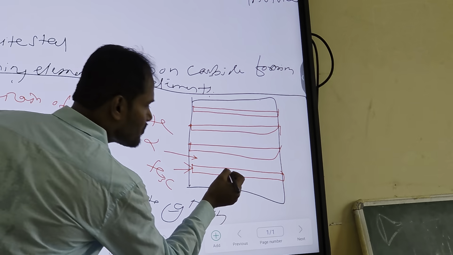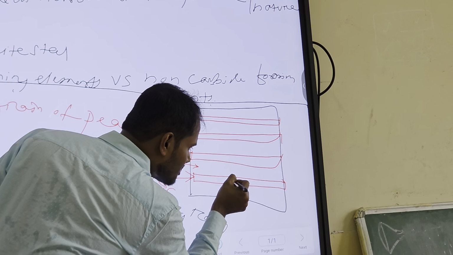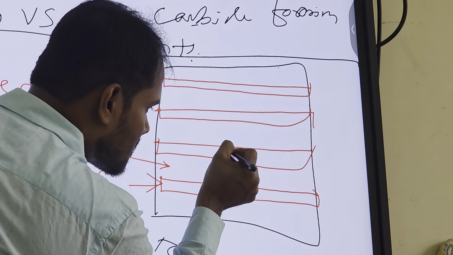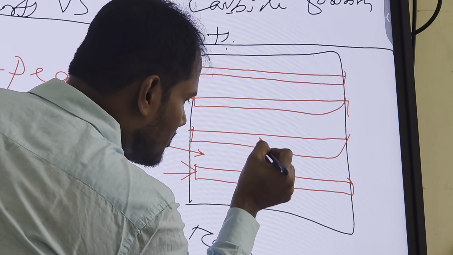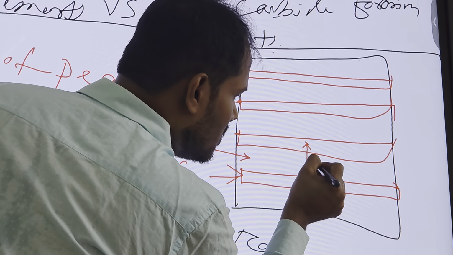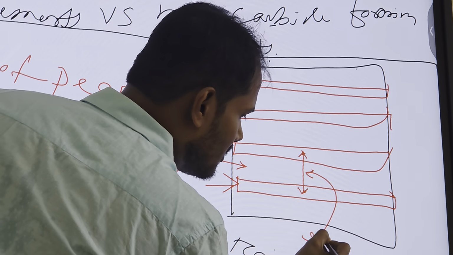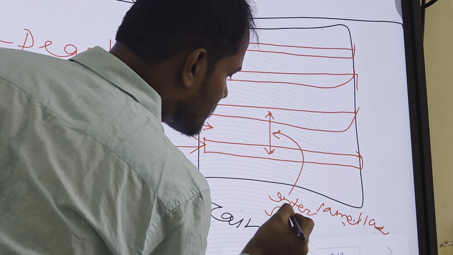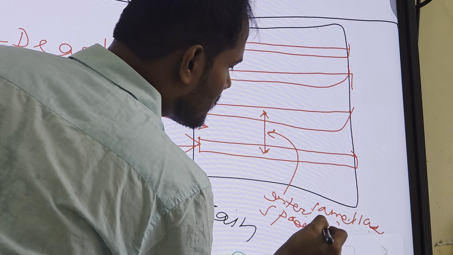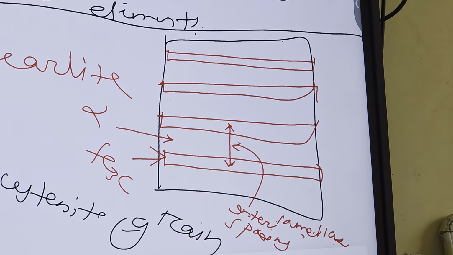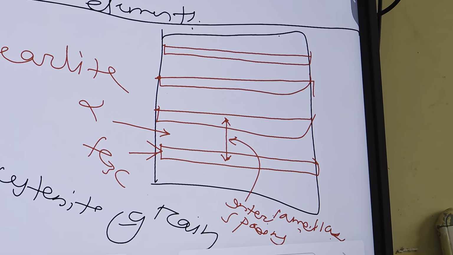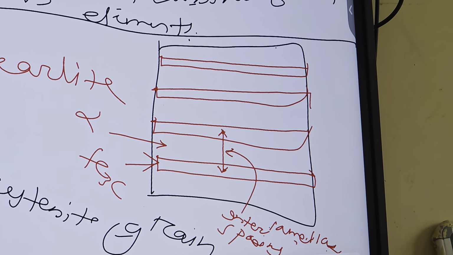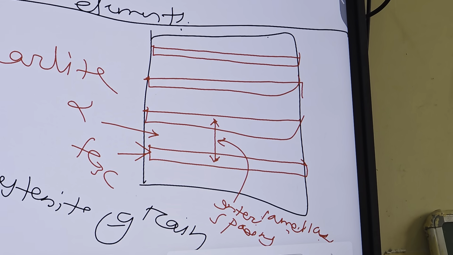Lamellar spacing means from here, the center of one cementite to the center of another cementite distance is called interlamellar spacing. So interlamellar spacing means the center of one cementite to the adjacent cementite distance.